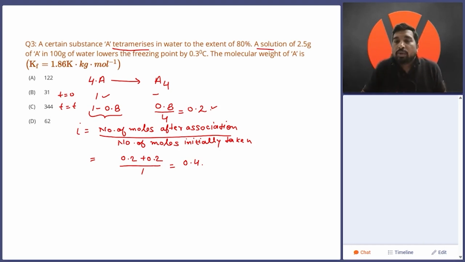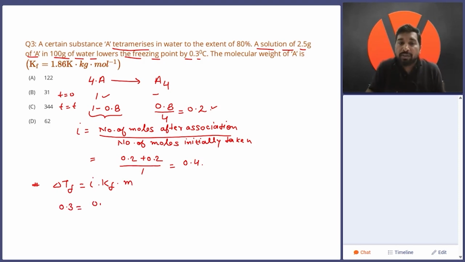Now come to the next part of the question: a solution of 2.5 gram of A in 100 gram of water lowers the freezing point by 0.3 degree. As you know the formula, delta Tf is equal to i into Kf into molality. What is delta Tf? That is 0.3. What is the value of i? That is 0.4. What is the value of Kf?